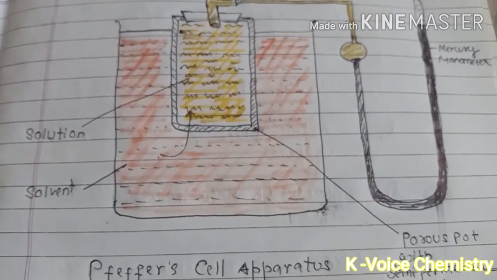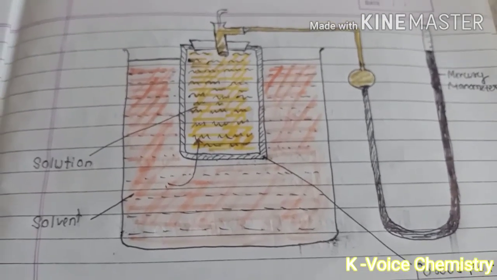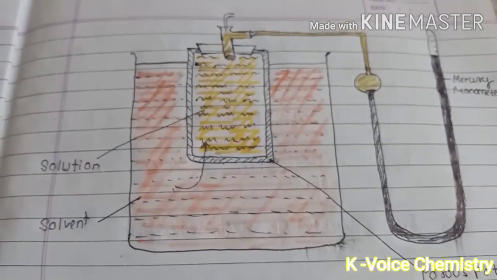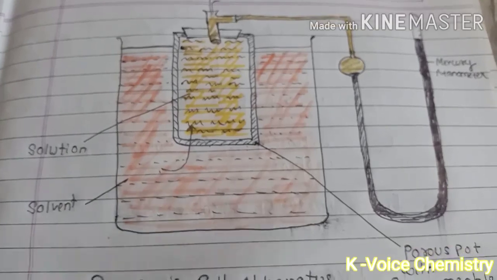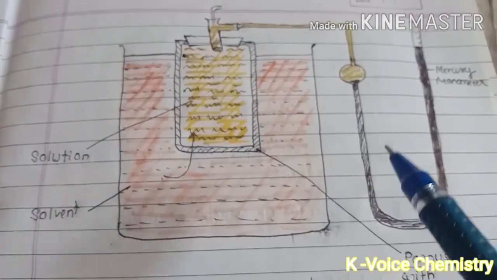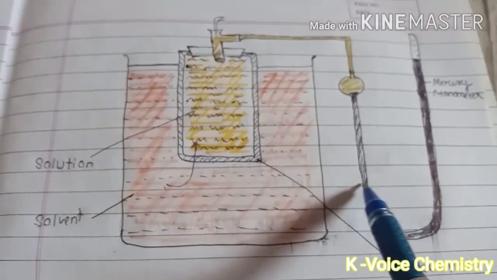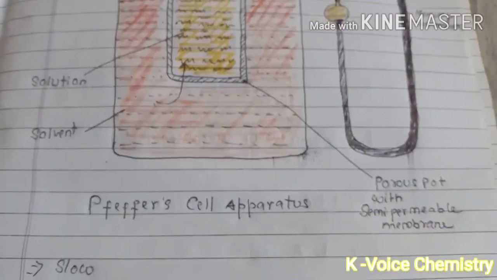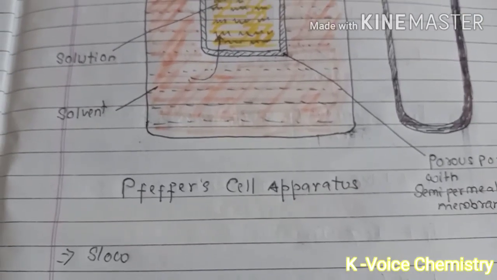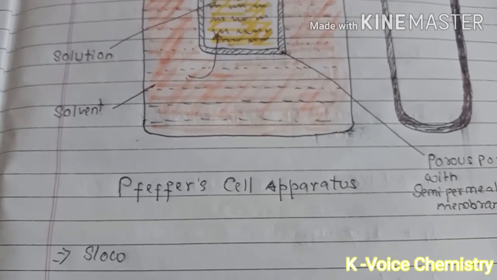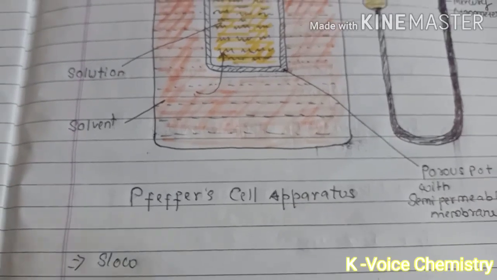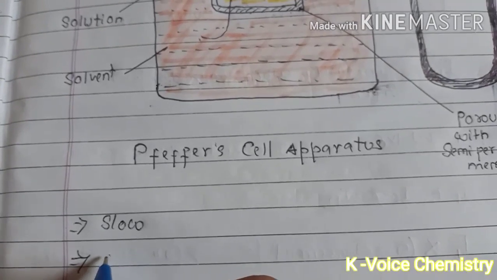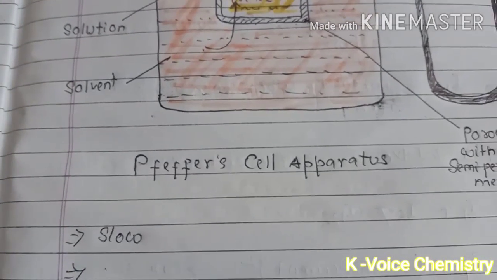At equilibrium, the difference in the height of these two tubes of the mercury column will give the osmotic pressure. And as it is a slow process, it will take a couple of days to reach the equilibrium.